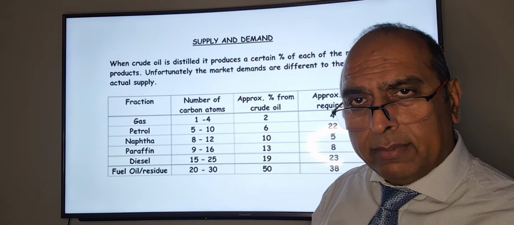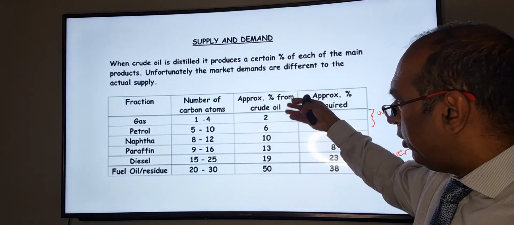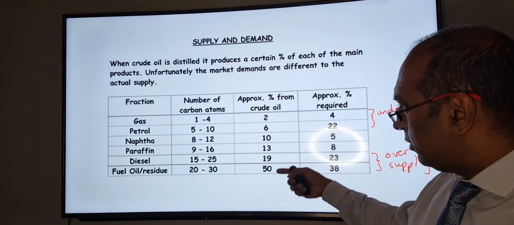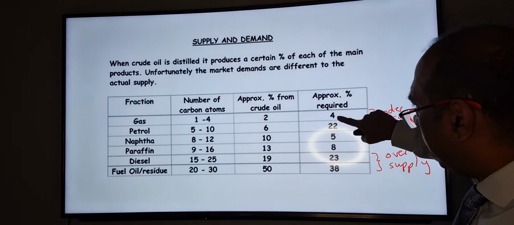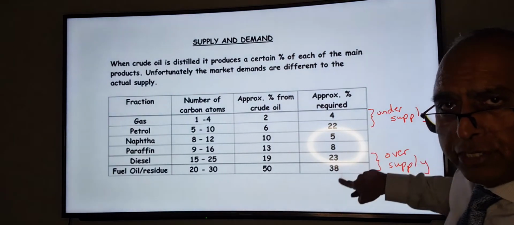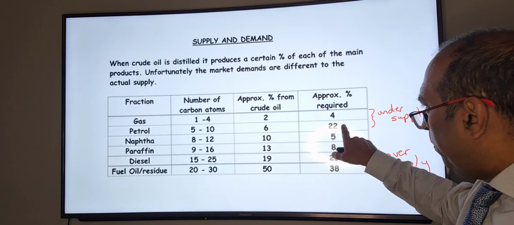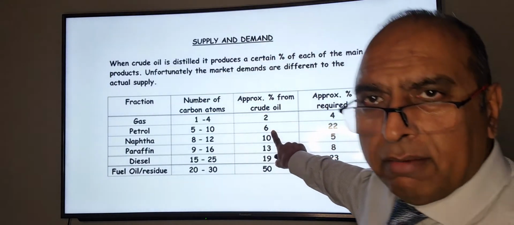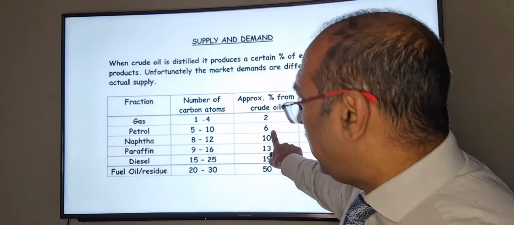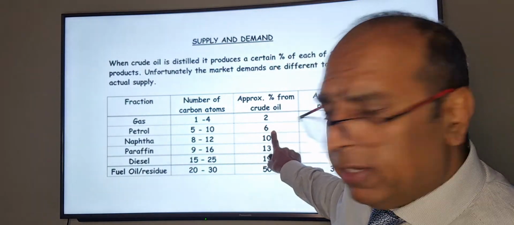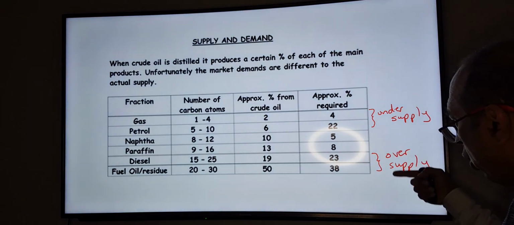Supply and demand. Say you've got a crude oil with these fraction percentages. But what you actually want are these percentages in the real world. For example, you want more petrol and, by doing fractional distillation, you get less petrol. So it would be great if we could convert these larger fractions that are in oversupply.